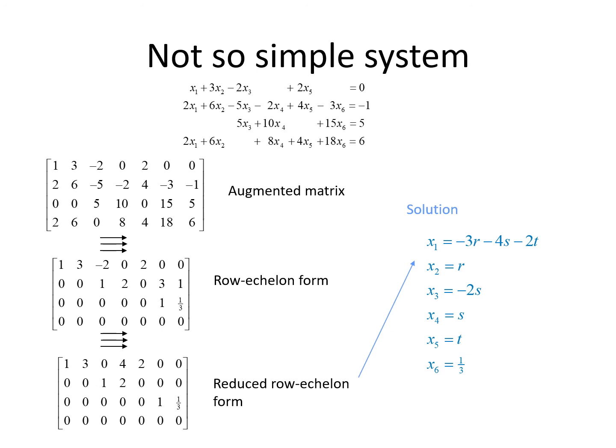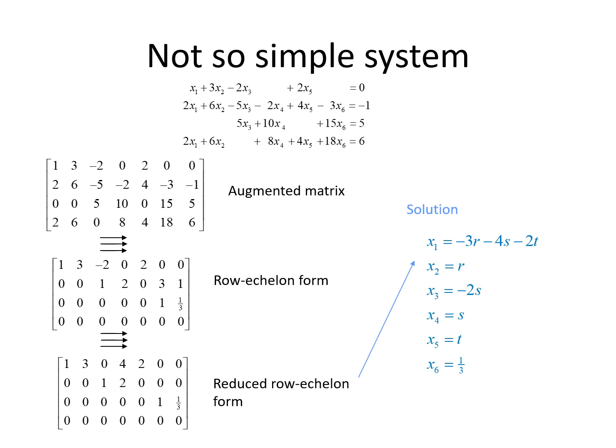the position of the variables: the position of the variable x1, the position of the variable x3, the position of the variable x6. But what about the remaining variables, that are x2, x4, and x5? These variables are called free variables, since there does not exist a leading one at these positions.